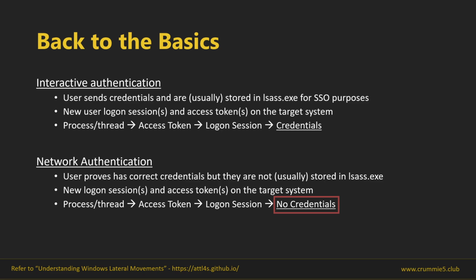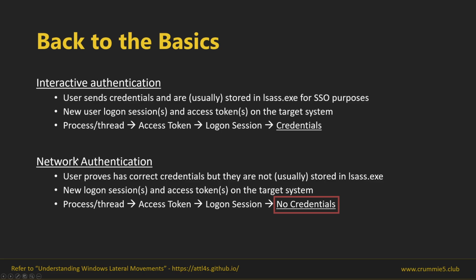Okay. In the case of network authentications, we had this example of, okay, in the morning in my computer I authenticated interactively, and then I tried to access a remote share. So if we try to access a remote share, in the target system there will be new logon sessions and new access tokens of ourselves. Okay, but our credentials will not be cached by the target server.